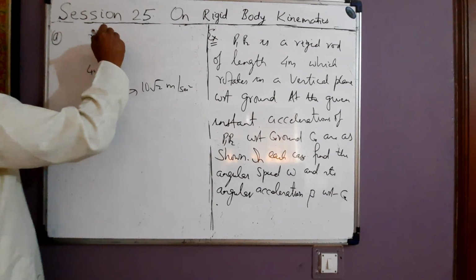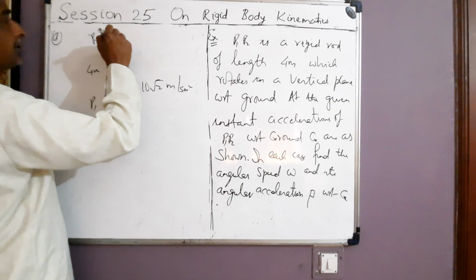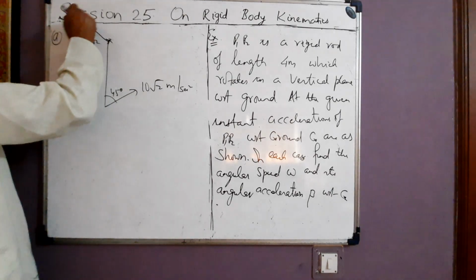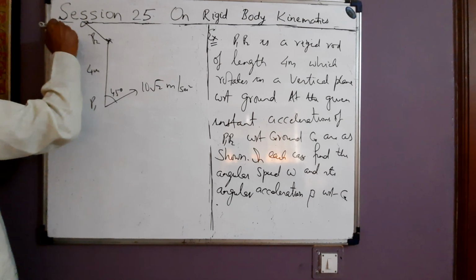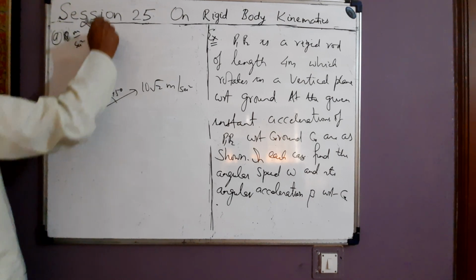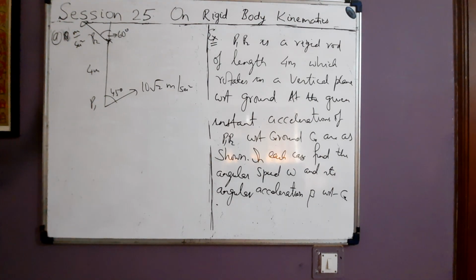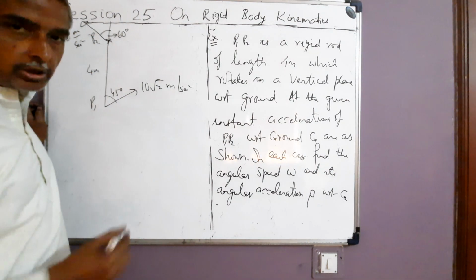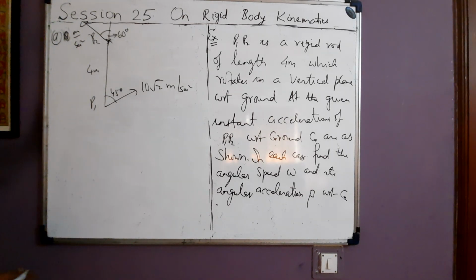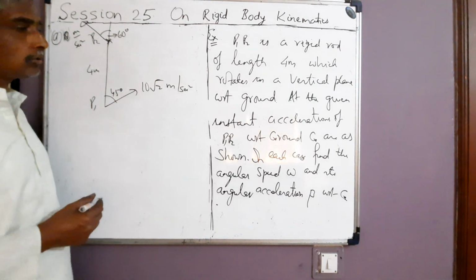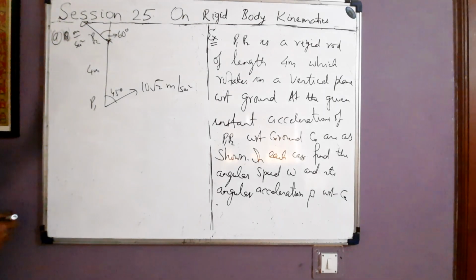And the acceleration of P2 is given to be 8 meter per second square at an angle of 60 degree. Both these accelerations are with respect to ground. Now we have to tell in both cases the angular speed and angular acceleration of this rod with respect to ground. You have to specify both the magnitude and sense.